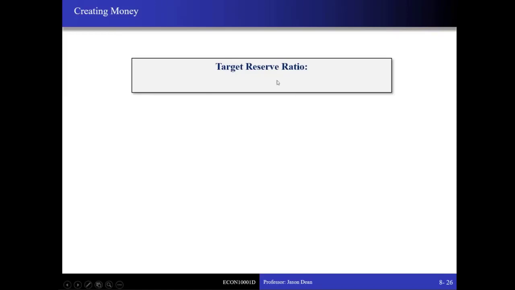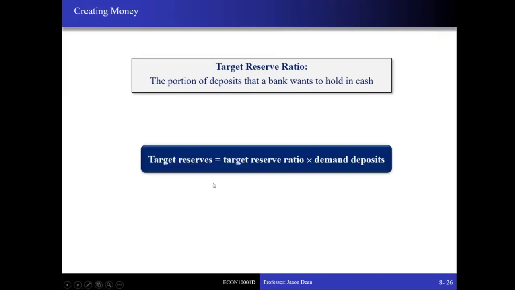And this is simply the portion of deposits that a bank wants to hold in cash. So if it's 10%, that means if someone comes in with a $100 bill, the bank will want to hold on to 10% of that, which is $10, and it would lend out the rest, the other $90.